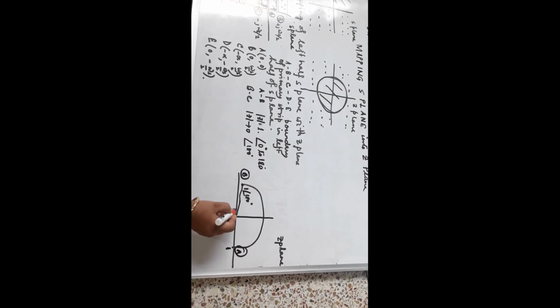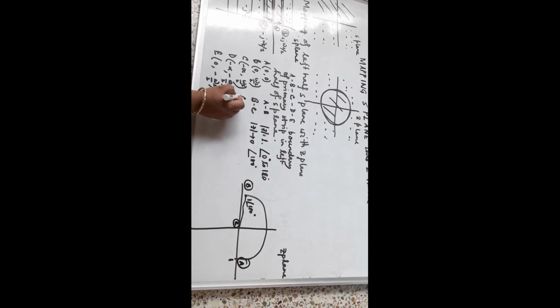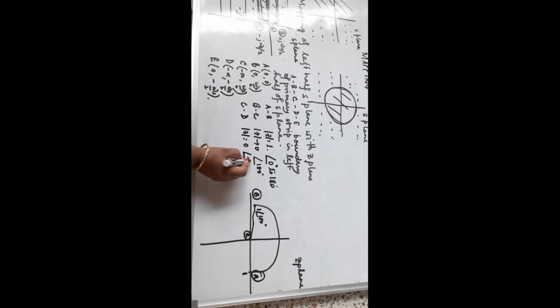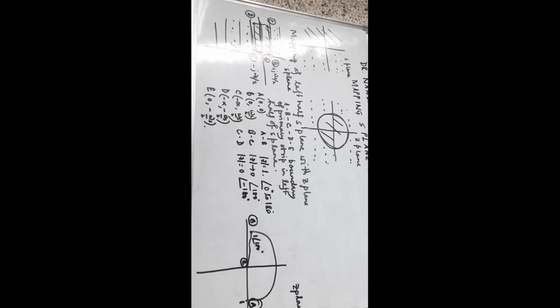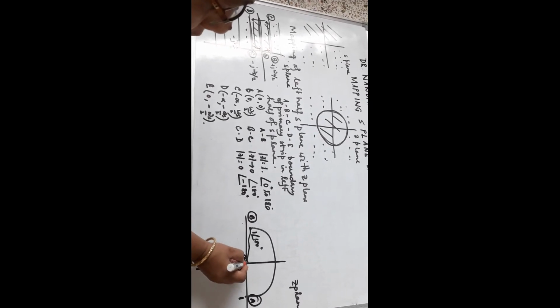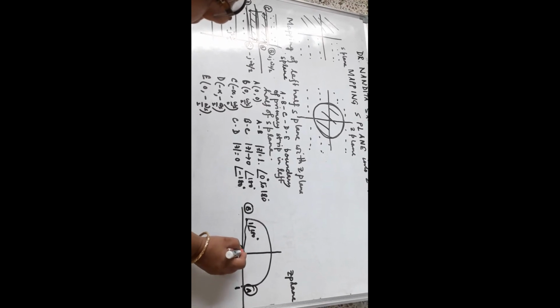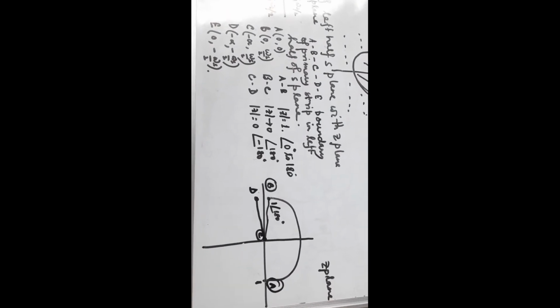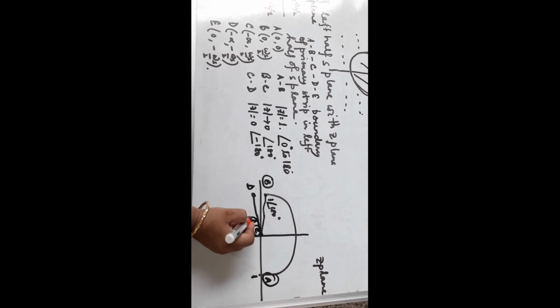So this point can be considered as C. Now from C to D, the mod Z value is equal to 0 and the angle is minus 180 degree. So C and D coincide with this point.